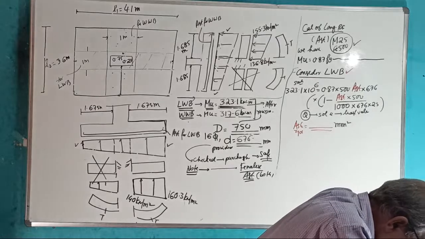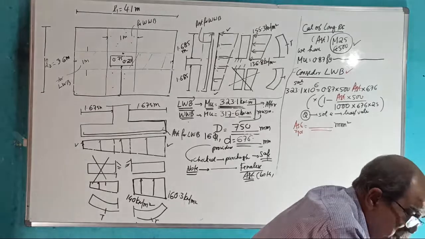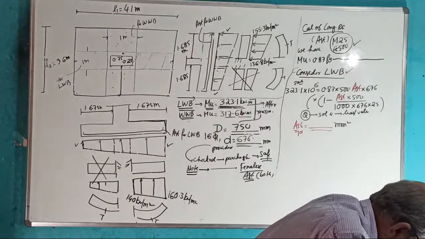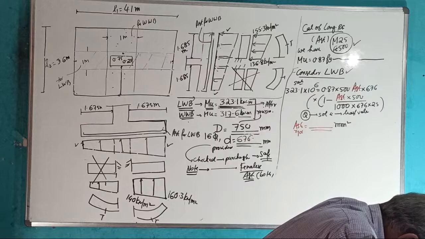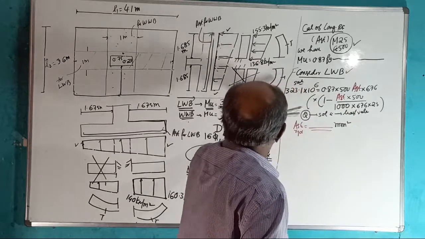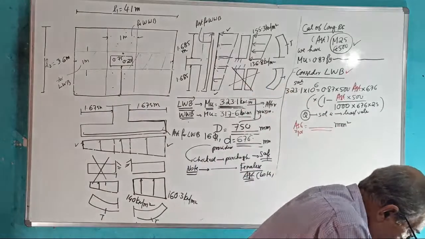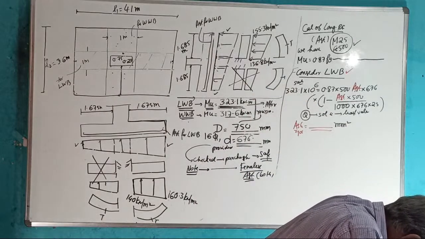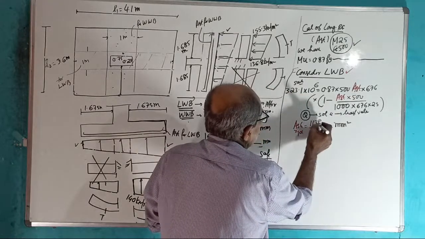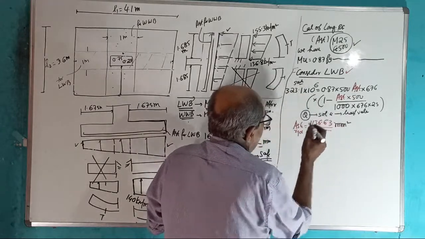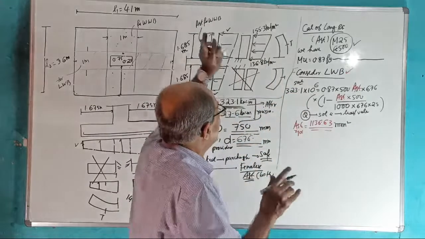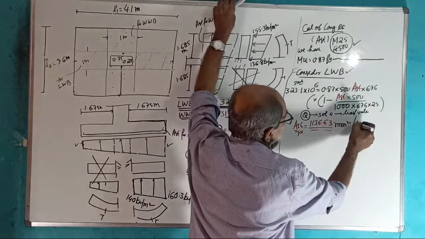Others should also participate and give your answer, so that if two people give the same answer, I get confidence. I took factored bending moment only here. Yes, okay. 1136.63 mm square. This is for a 1 meter strip. Everything is for a meter strip.